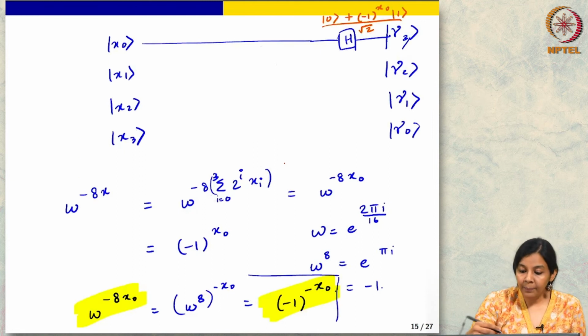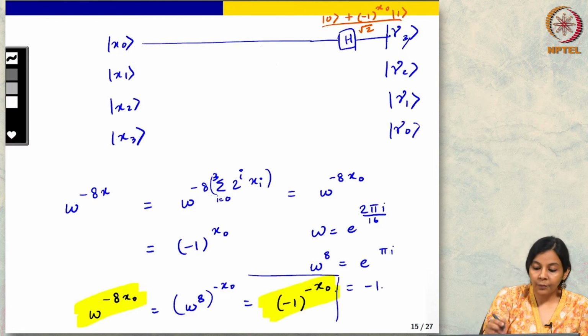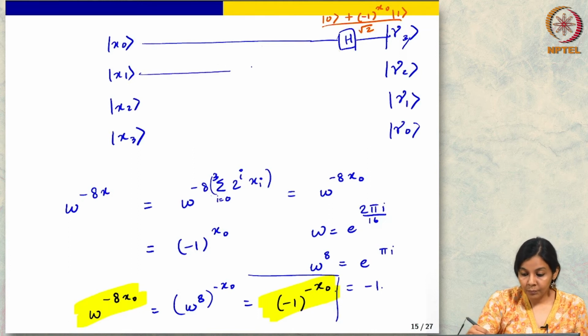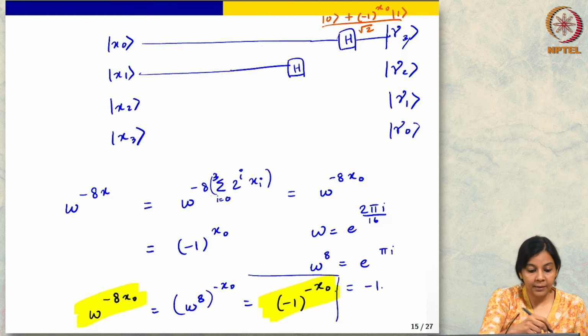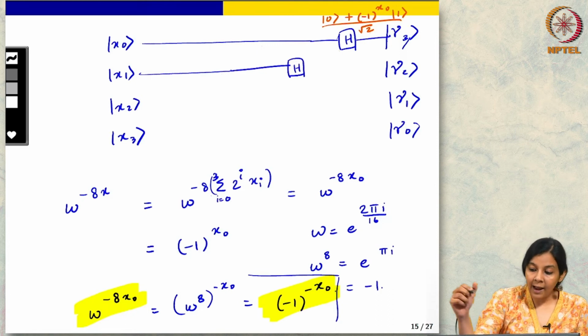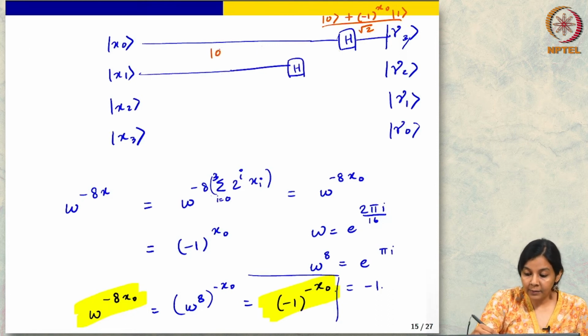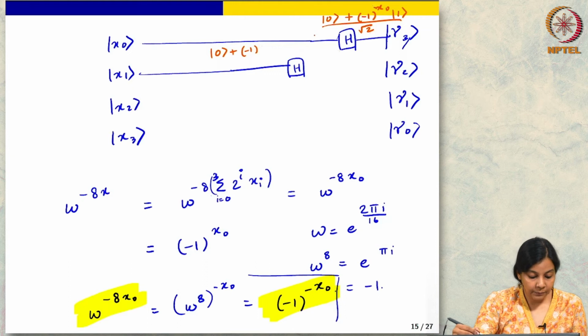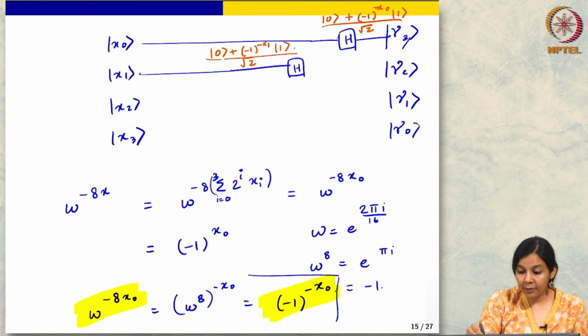Suppose I apply the Hadamard, then what do I get? As before, I am going to get 0 plus minus 1 to the minus x1 1 over root 2.